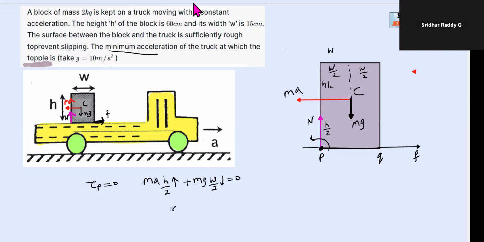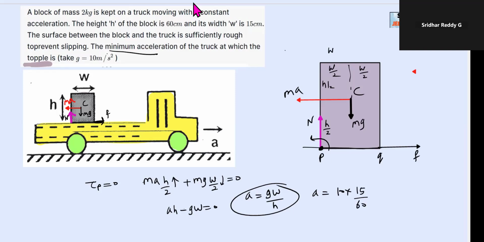So it is asking to get the acceleration. So this will be ah minus gw equal to 0, so this should be the acceleration of the truck. We'll substitute all the values. G is 10, w is 15, h is 60.